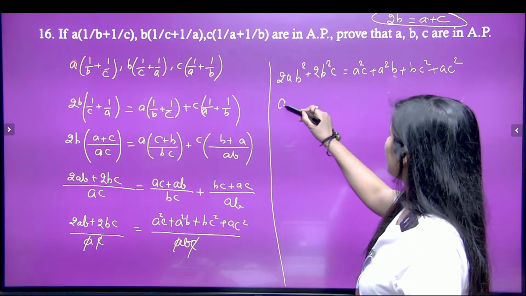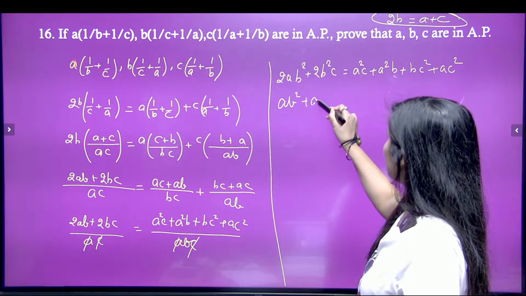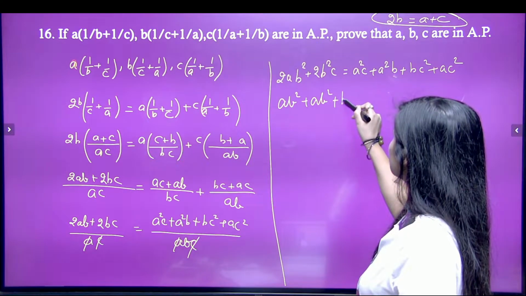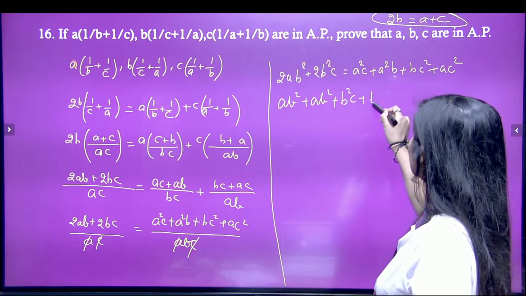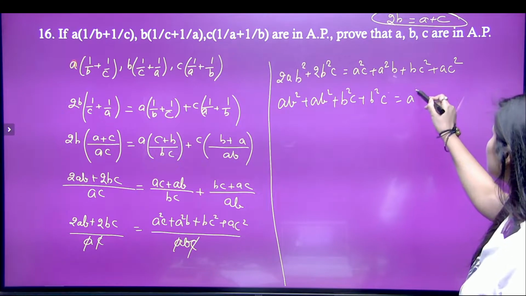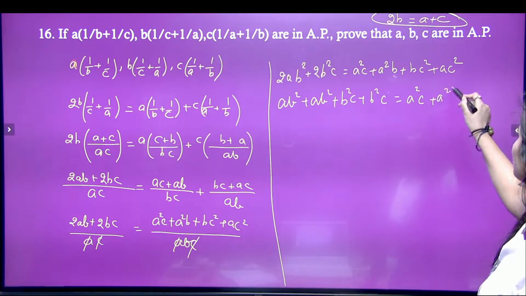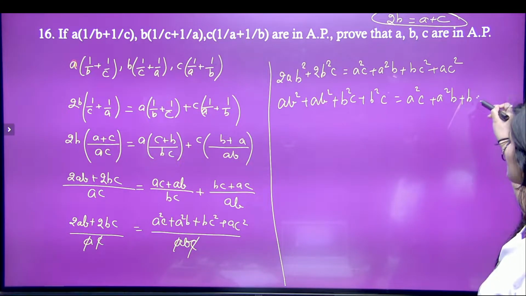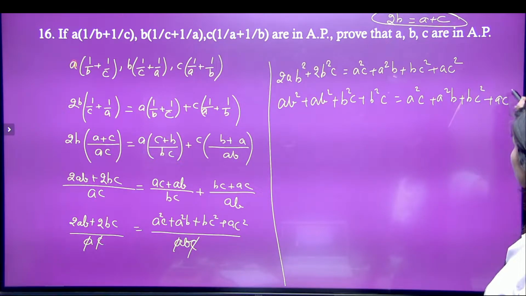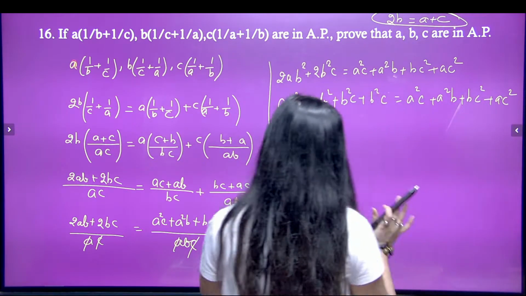Now see 2AB square we can write it AB square plus AB square plus B square C plus B square C is equal to A square C, A square B, BC square, AC square. Okay, so that's what we have.